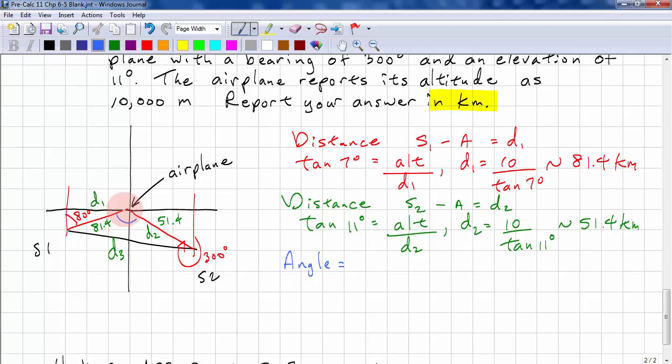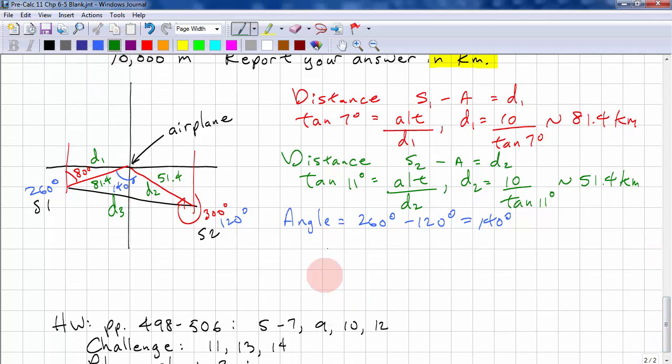However, we need the angle going the opposite way. So we have to add 180 degrees to this, so this is 260 degrees, and we have to subtract 180 degrees from this to get the angle going this way. So this is actually 120 degrees. So our angle is 260 degrees minus 120 degrees. That gives us 140 degrees between the two.